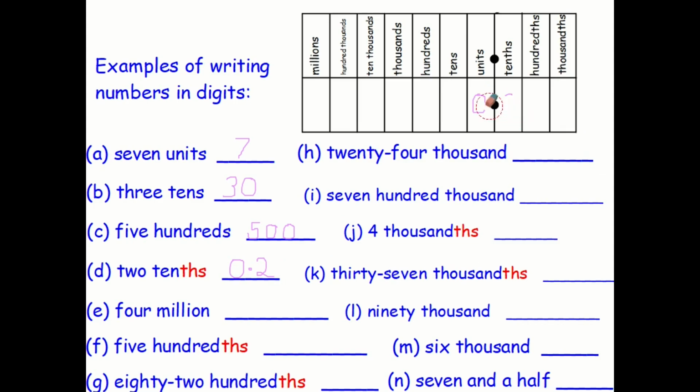Part E, 4 million. So you've got to put a 4 in here, but of course it can't just float on its own there. It's got to have 1, 2, 3, 4, 5, 6 zeros. So 4 million is 4, followed by 6 zeros.